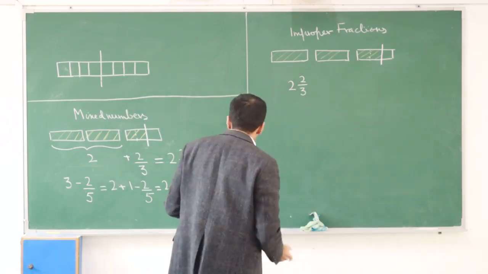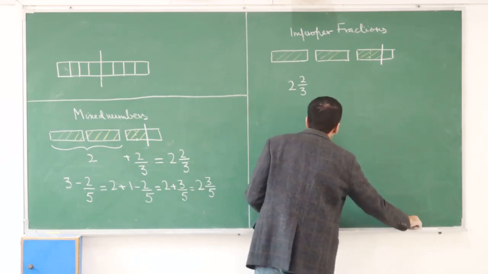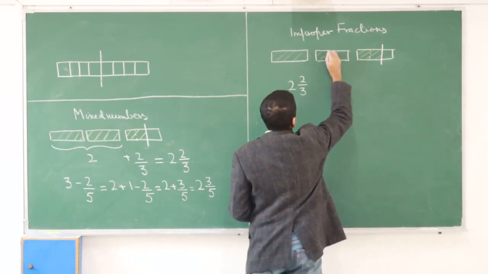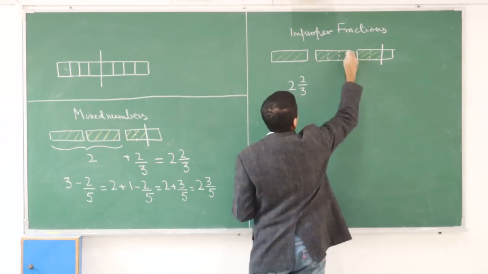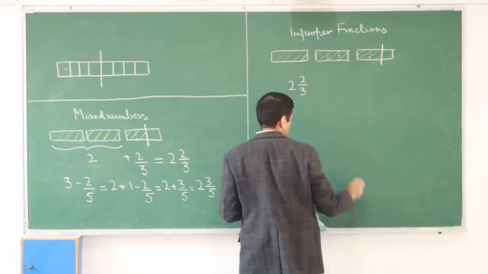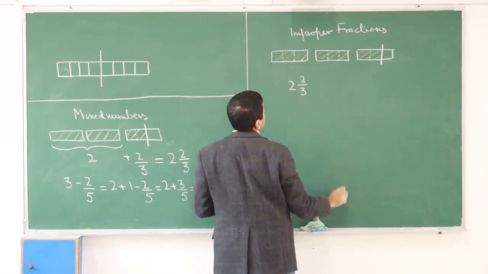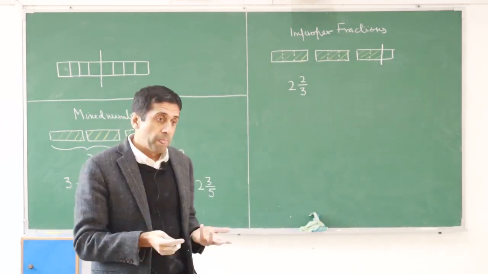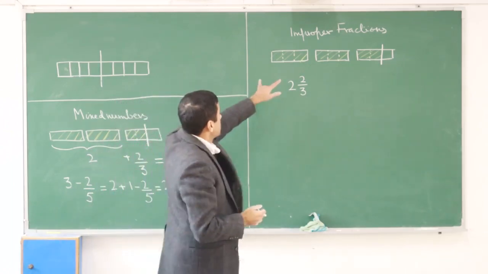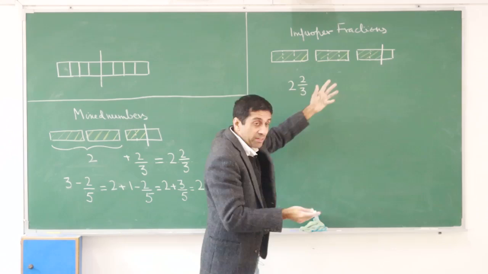But now what I can do is imagine chopping up each of these apples into 3 equal pieces. Remember, I have this part too. I have all of these parts. So I can chop up this apple into 3 equal pieces. And now how many thirds do I have? 3 plus 3, 6 plus 2, 8. 8 thirds, right?